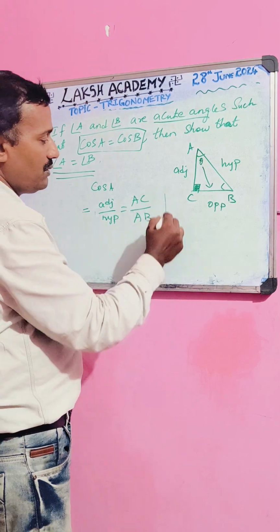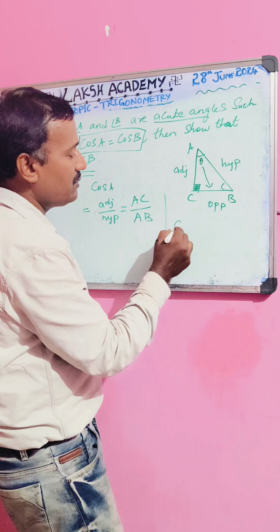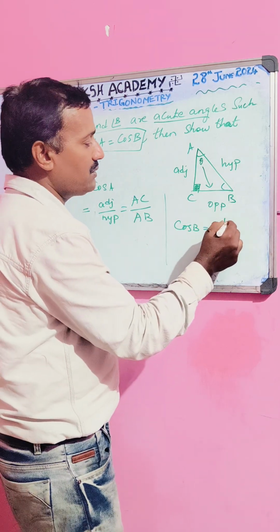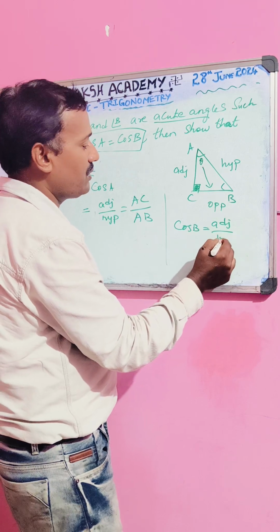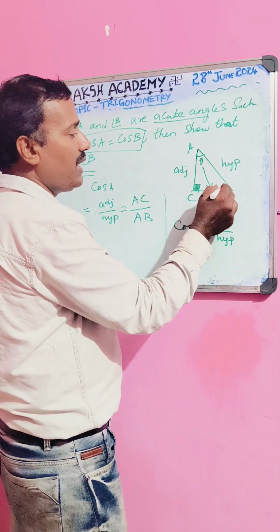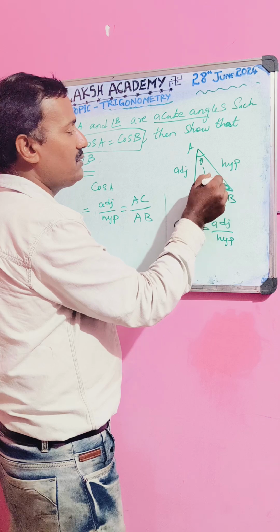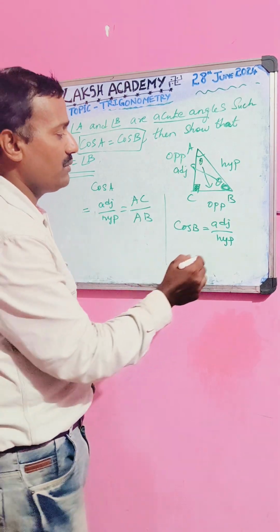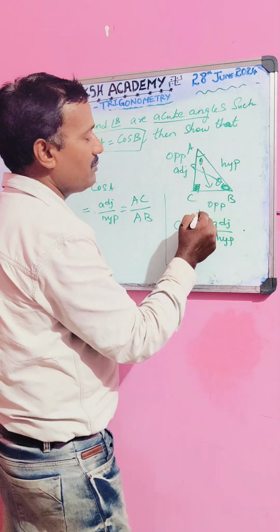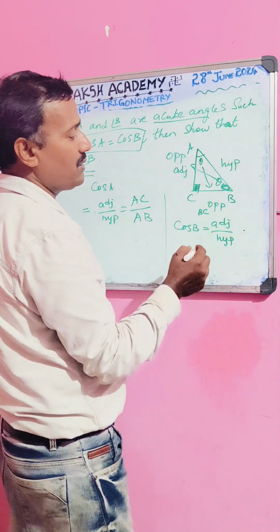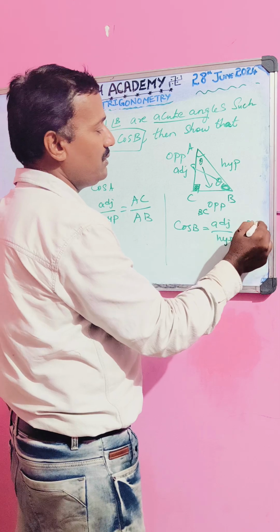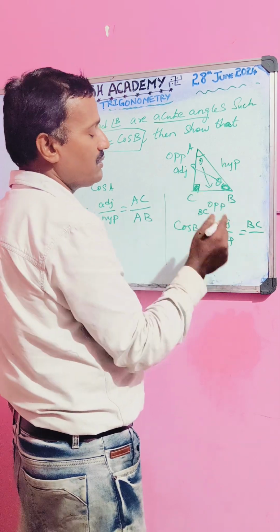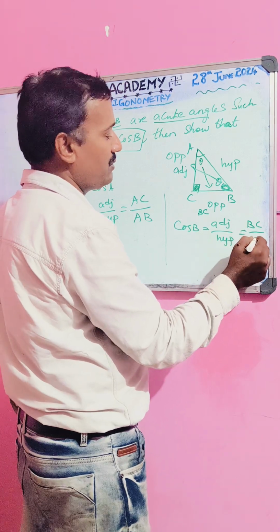Now similarly for cos B. Cos means again adjacent by hypotenuse, but the angle is here. For this angle, the opposite side is AC, so the adjacent side is BC. BC or CB, both are the same, and the hypotenuse is AB.